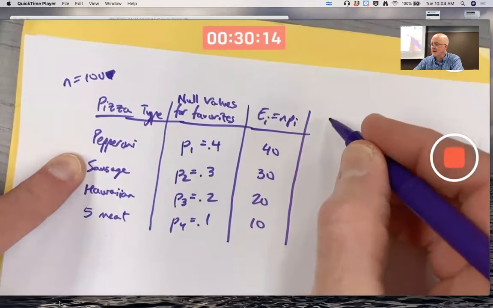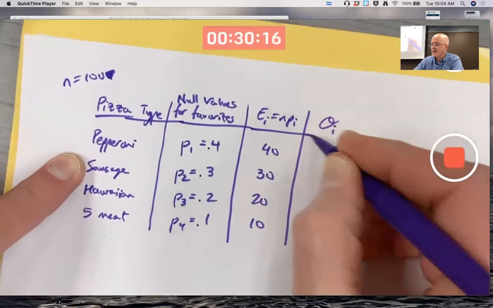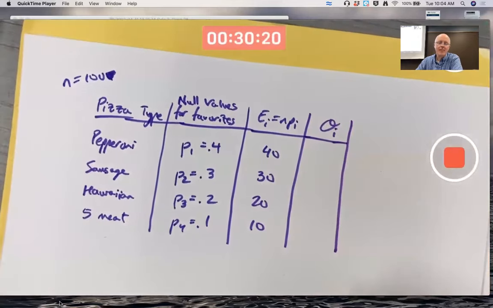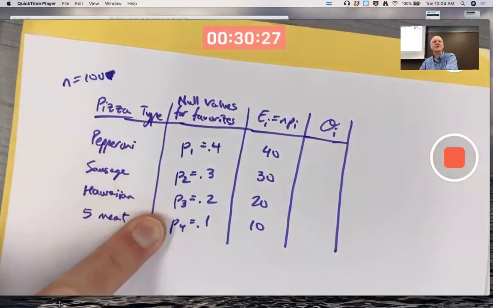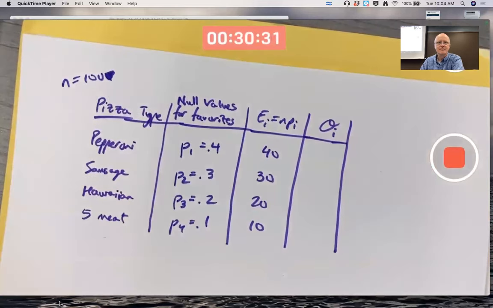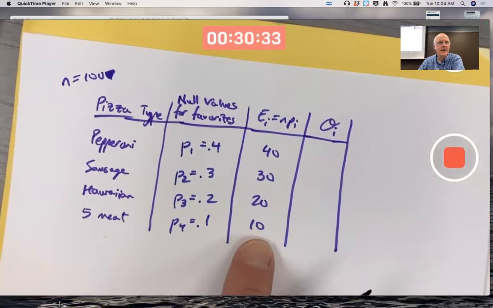What are the observed values? Call them O_i. Make your O cursive so you don't think it's a 0. Because of randomness, even if these are the true population proportions, you're not going to get exactly these numbers.